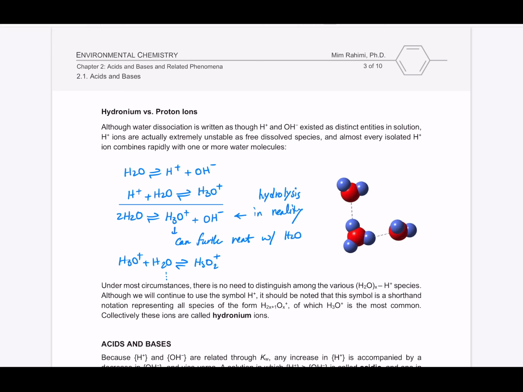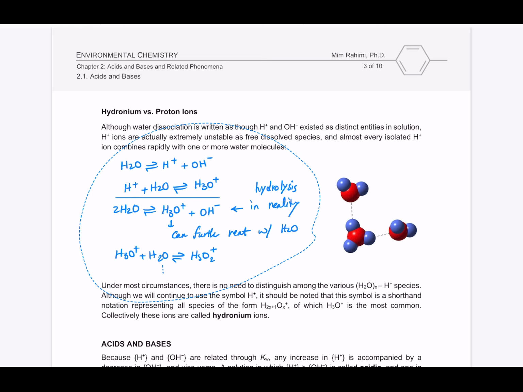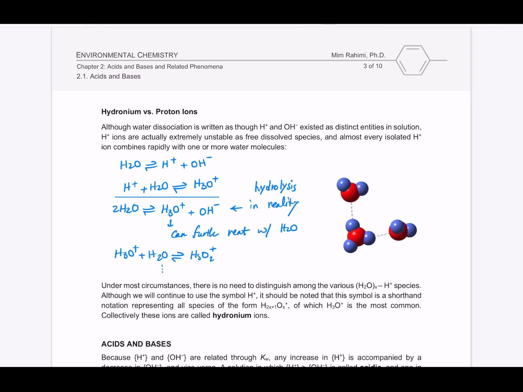So this can also react with water, forming more and more other species. If this is H3O+, it can also react with molecules of water in the surrounding, giving H5O2+.